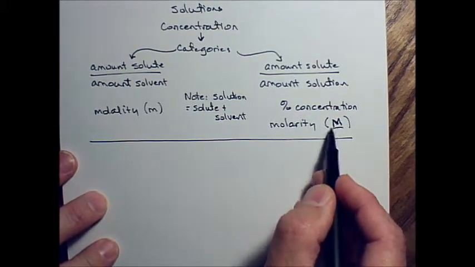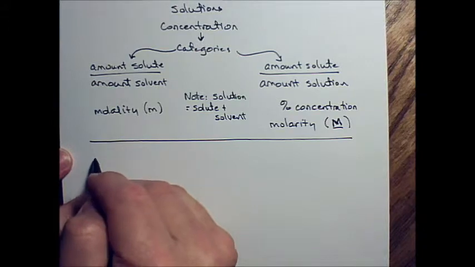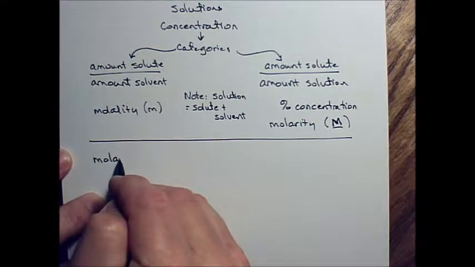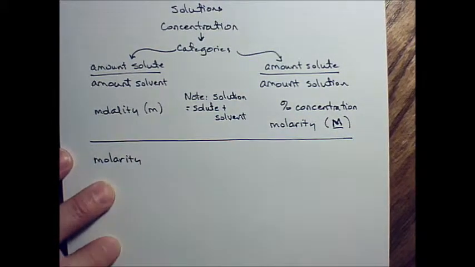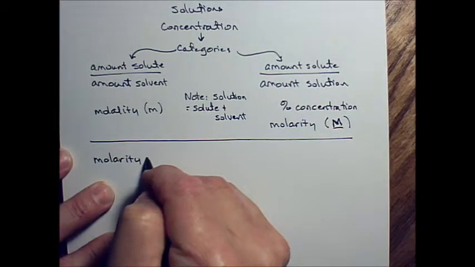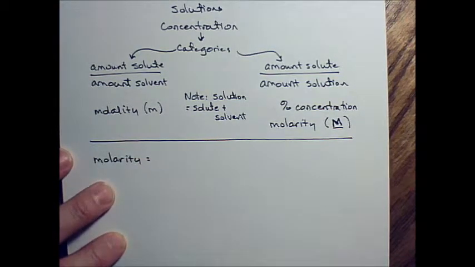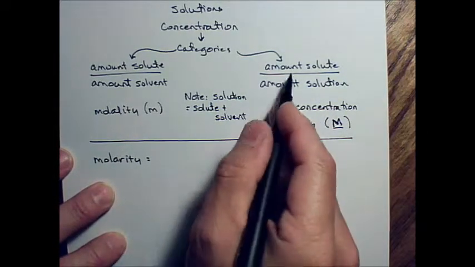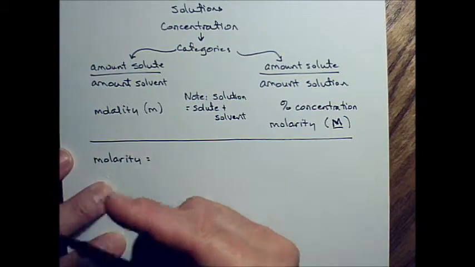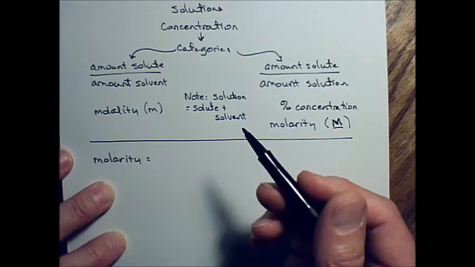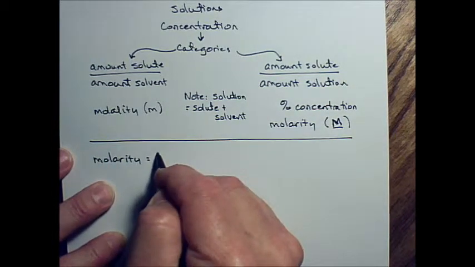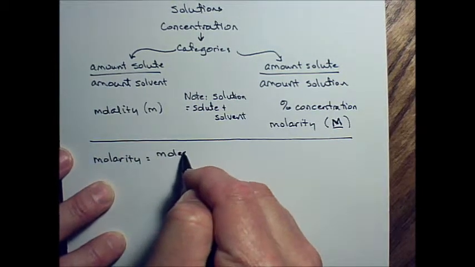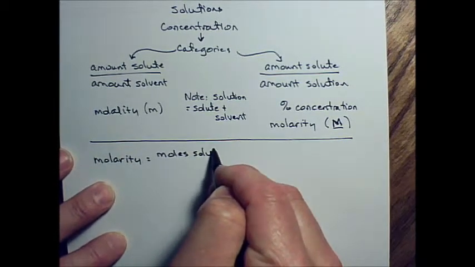Now, the concentration unit we call molarity is made of two different measurement units that are compared in a fraction, this kind of fraction here. The amount of solute for molarity we measure in moles. So we're going to have moles of solute.